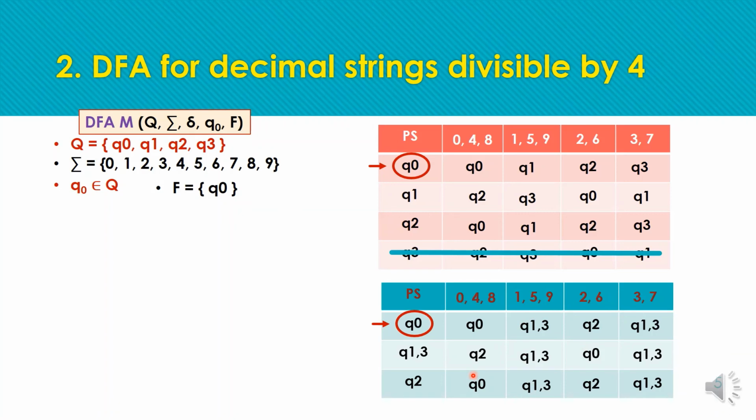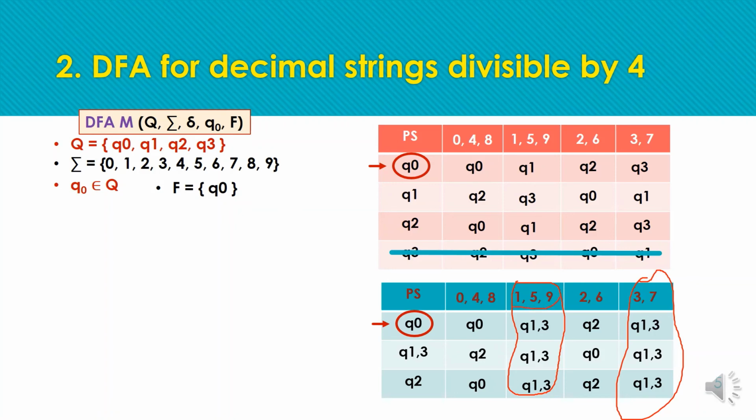Okay, now next we can also check here that these two columns, the second and the fourth column, are the same. By same we mean that for all these inputs in the second column and in the last column, we are having the transition to the same state.